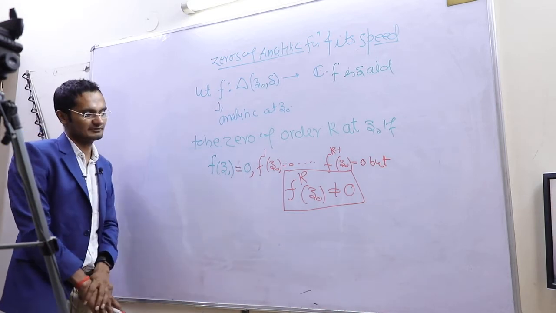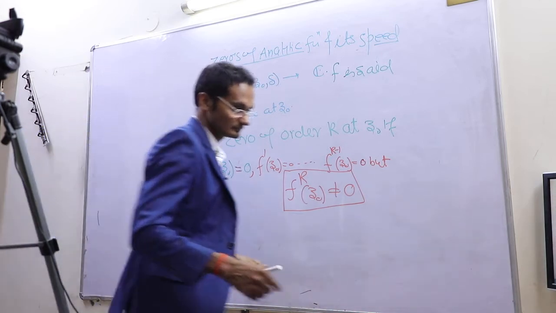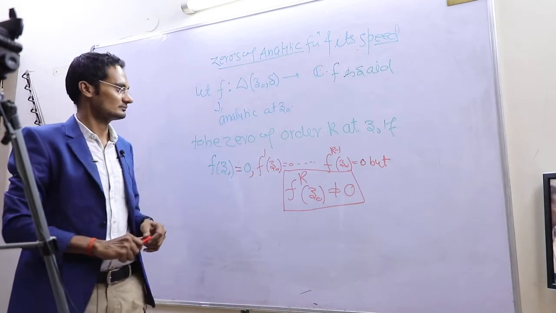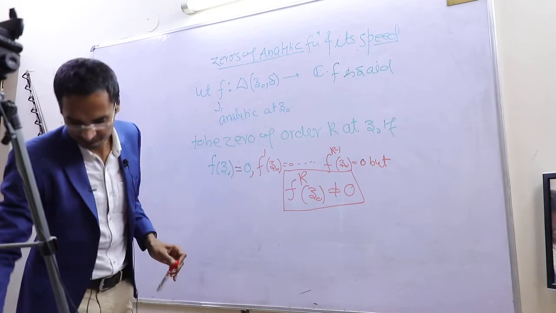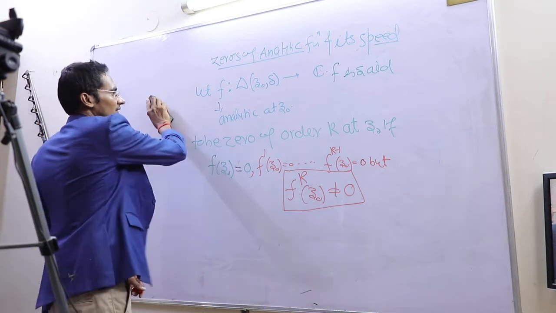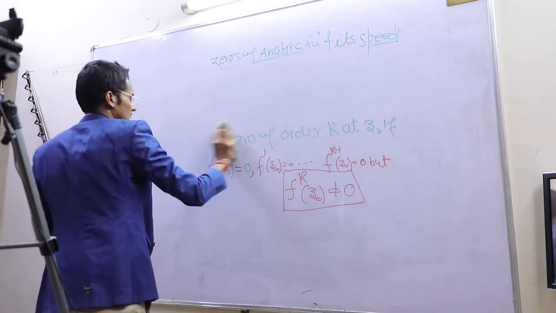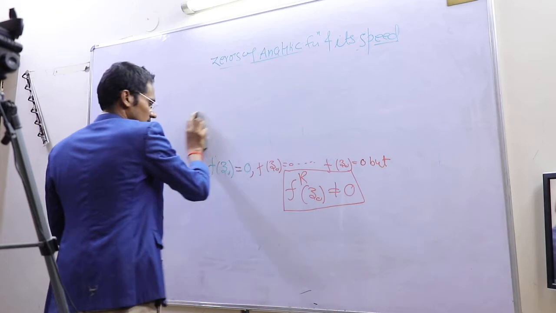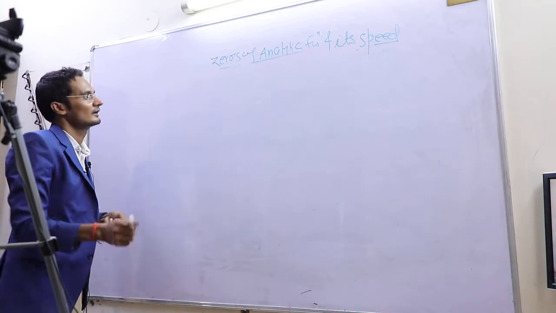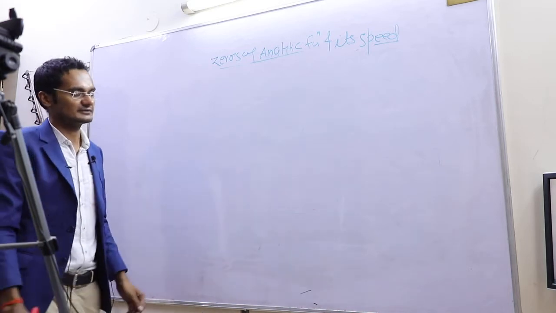Then we say that such a function f has zero of order k. So, we have a zero; we calculated also, right.